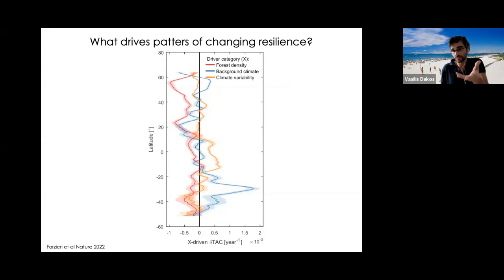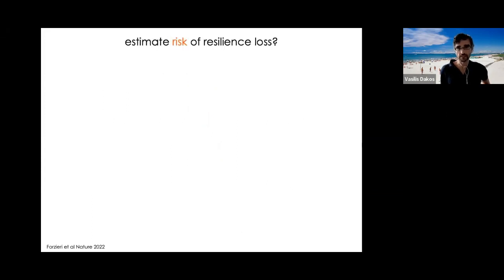Nonetheless, it does not prove that these changes in resilience are actually meaningful, again, as I had pinpointed at the beginning of the talk. And here we tried to do something bold, I would say. We try to estimate the risk of resilience loss.